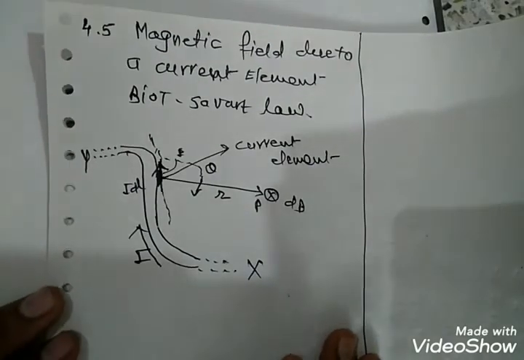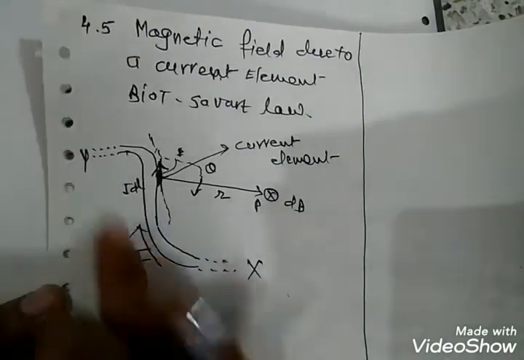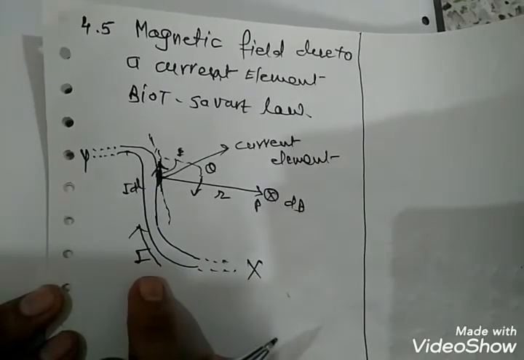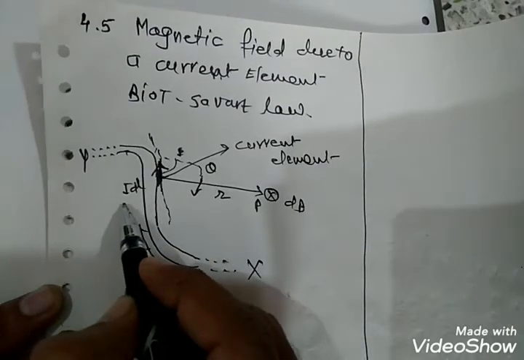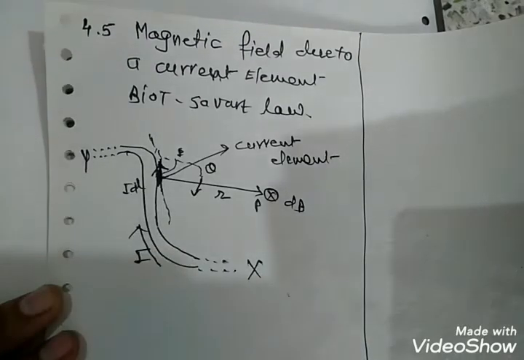Here X and Y is a conductor carrying a current I.